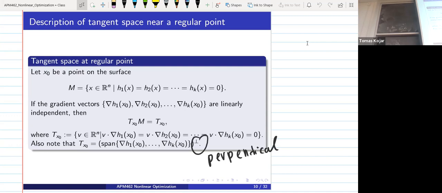But then 1 is not 0. Right, but what if you have a linearly dependent set? Then it's not a regular point. I'm not saying that I covered every case. In our course, we're looking at regular points.